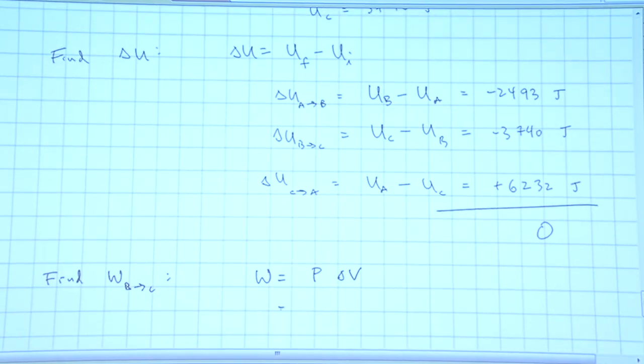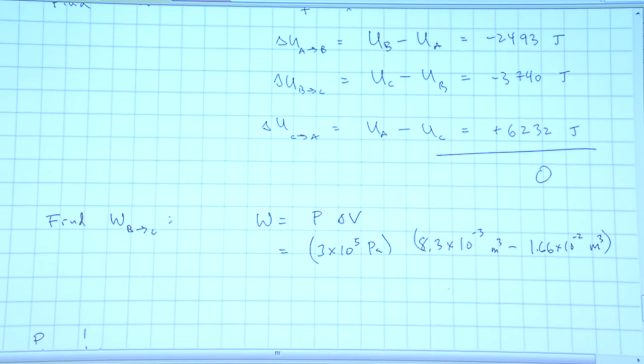So it's the pressure at B or C, it's the same, 3 times 10 to the 5th pascals. And it's the final volume, that would be VC, minus the initial volume, so this is going to give us a negative value.